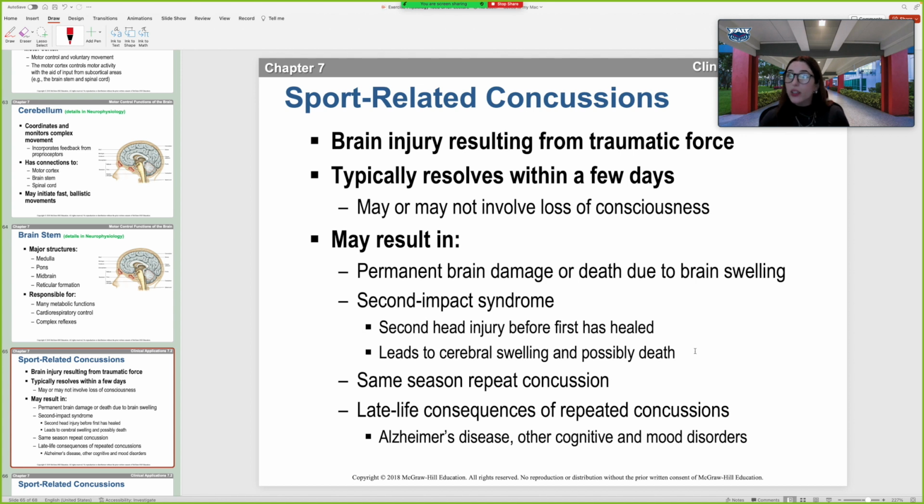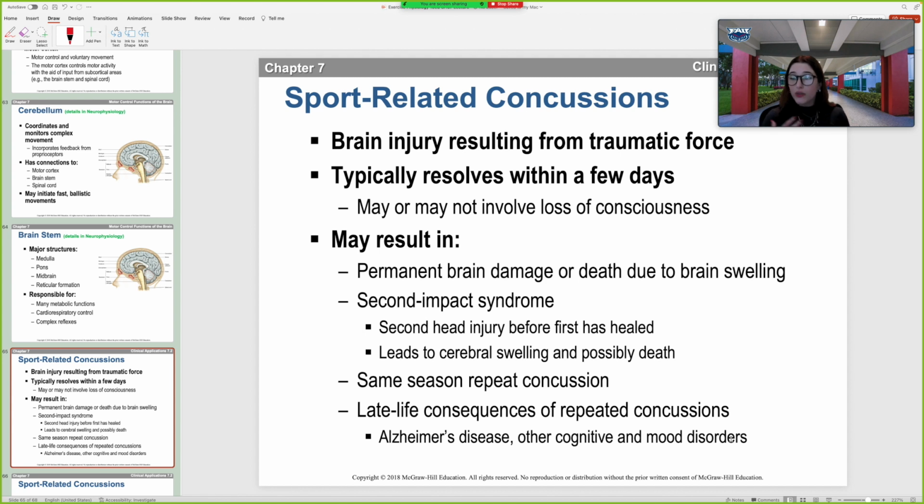I know if you're a football fan, you may have seen this happen. We see this happen in football too: same season, repeat concussion. And then there are late life consequences of repeated concussions. It can lead to Alzheimer's, other cognitive and mood disorders.